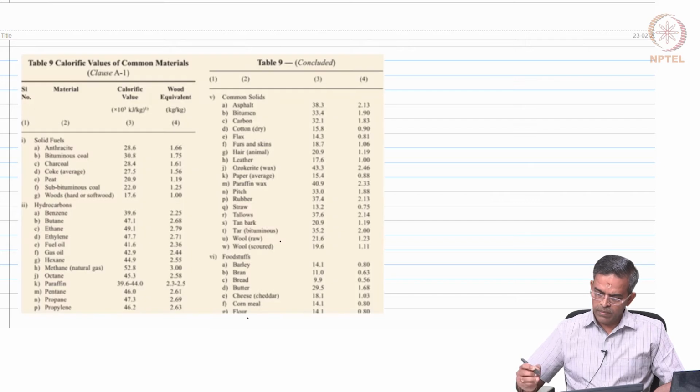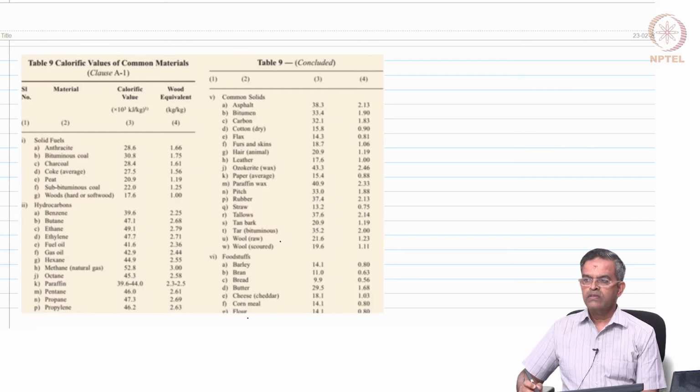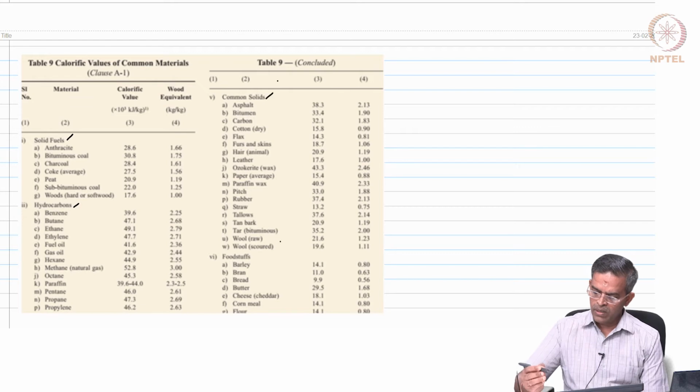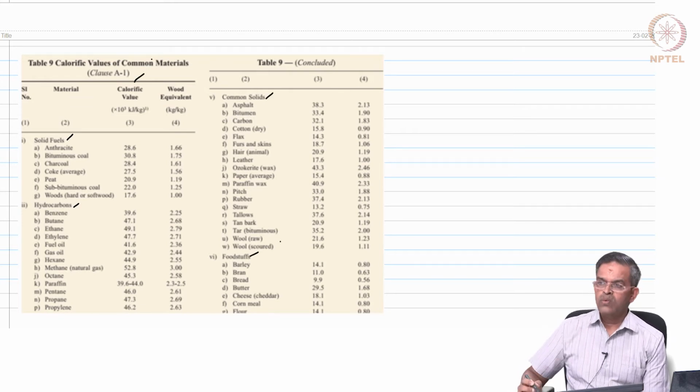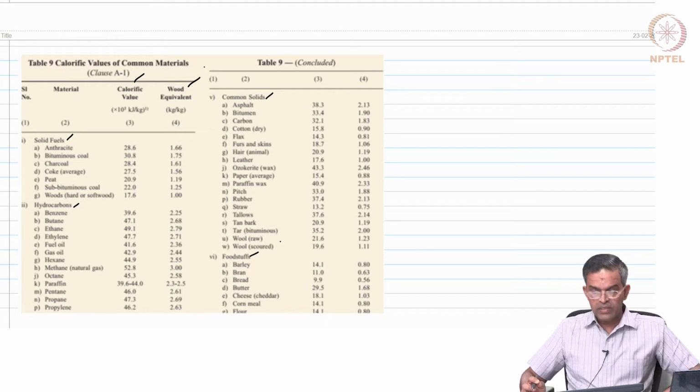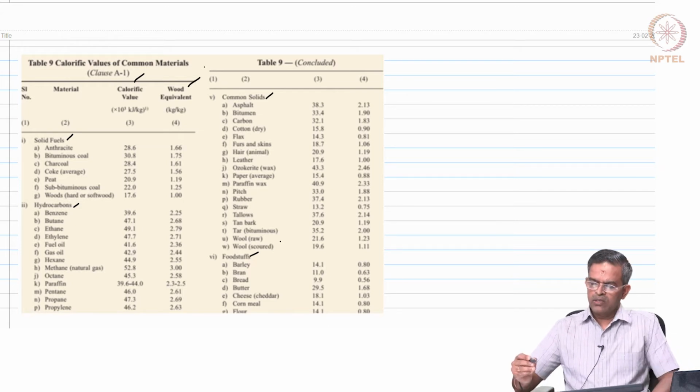Look at this table, which is extracted from the National Building Code for different materials. Let us say solids, hydrocarbons, common solids, even foodstuffs. The calorific value and the wood equivalence is given in the code. Let us do a small example.